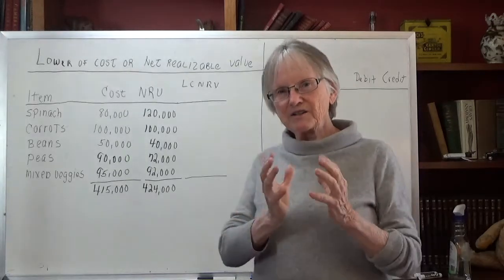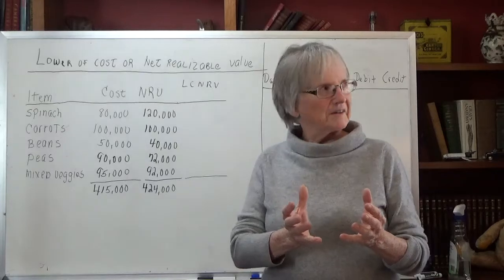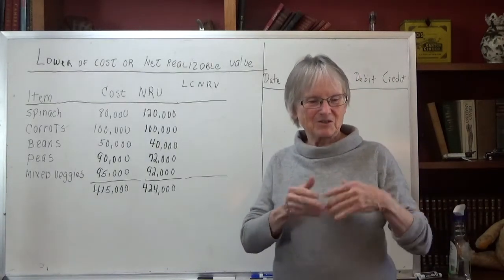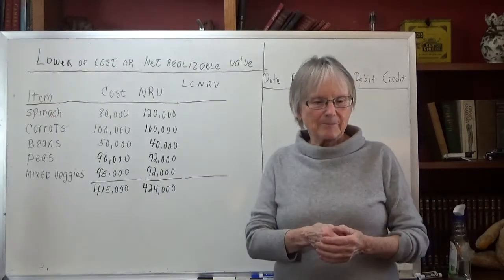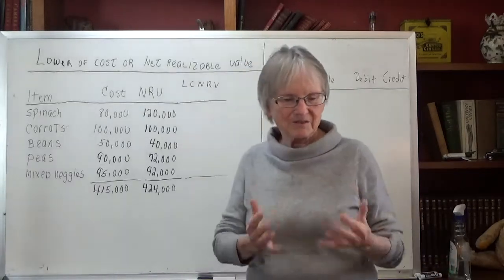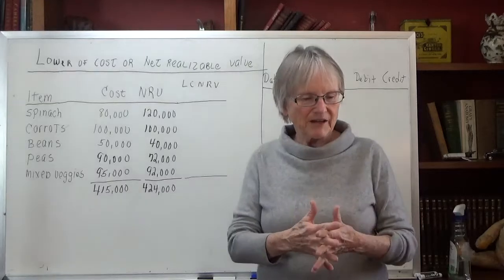So we've got an inventory amount on our books, and that amount is what we would show as our inventory. It's an asset. And so if the future economic benefit is going to be less than we previously thought, then we've got to reduce the value of that inventory.